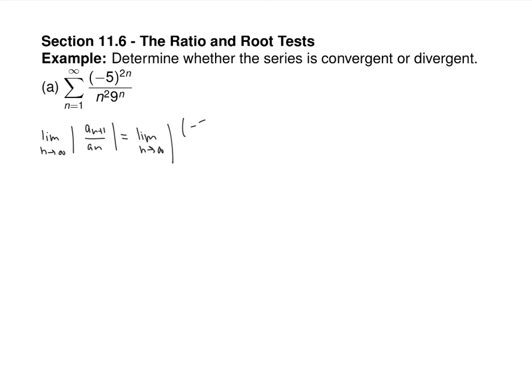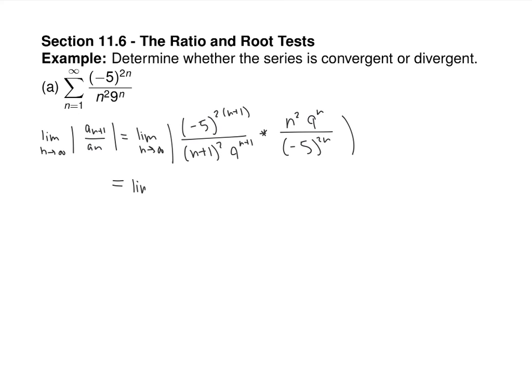So that will give us negative 5 to the 2 times the quantity n plus 1 power, n plus 1 squared, 9 to the n plus 1, that's the a sub n. Now dividing by a_n is the same as multiplying by its reciprocal. So n squared, 9 to the n over negative 5 to the power of 2n.